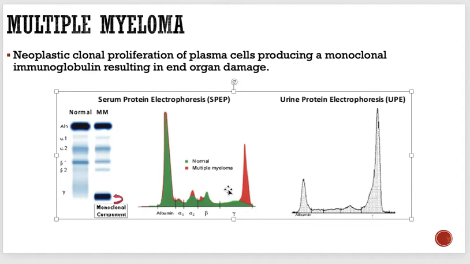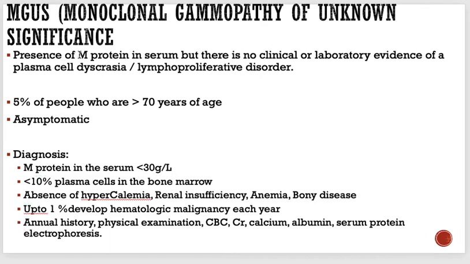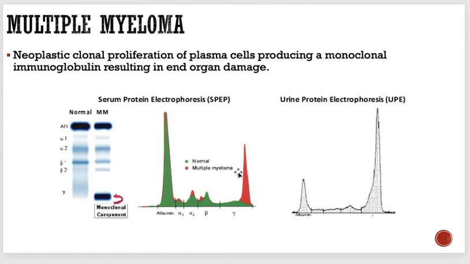But whenever it is very narrow, like in this case, it is also called a restricted band, or M spike, or M protein. M spike basically occurs when there is monoclonal proliferation, like just one of the gamma bands is elevated.